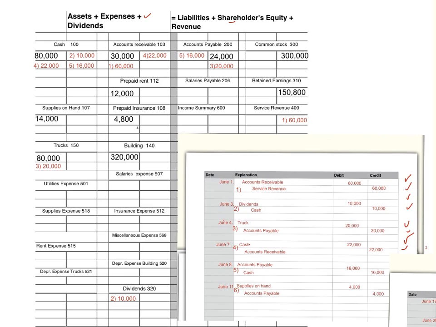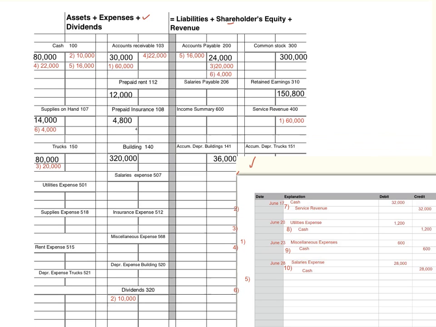Accounts payable debit 16,000 and cash credit 16,000. On the 11th, debit supplies on hand 4,000 and credit accounts payable 4,000.